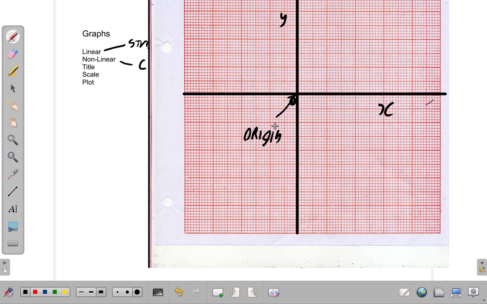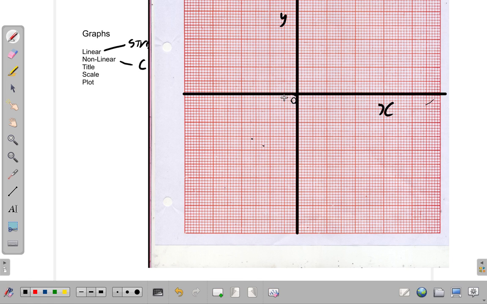For example, if you have the origin here, let me just erase this number. You have the origin right at this point, 0.